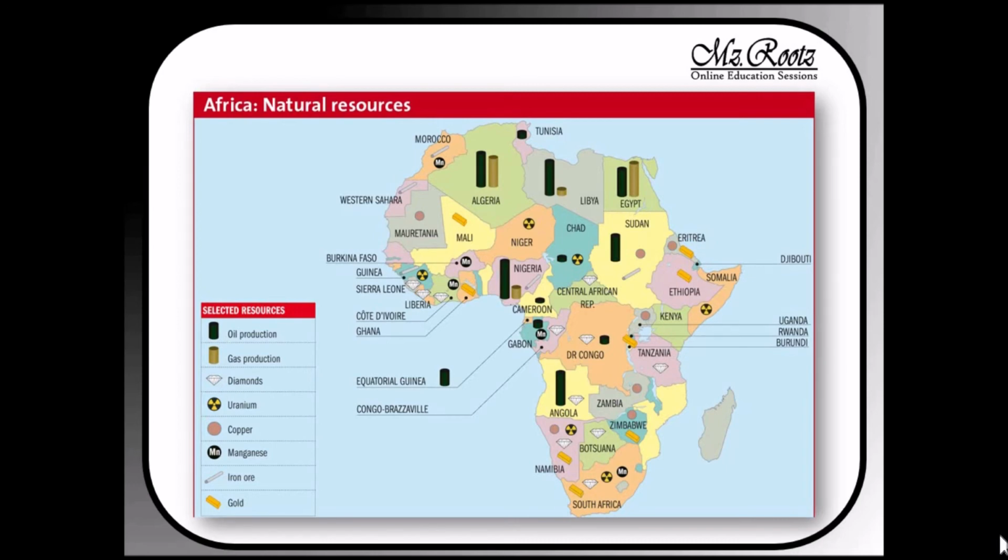Earlier on in the session, I highlighted that the continent of Africa is the only continent that has the equator, the Tropic of Cancer, and the Tropic of Capricorn running through it, almost chopping the continent up into thirds.